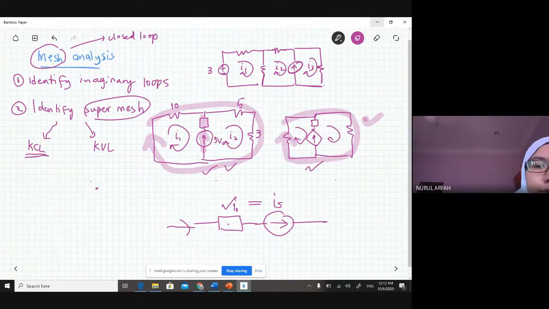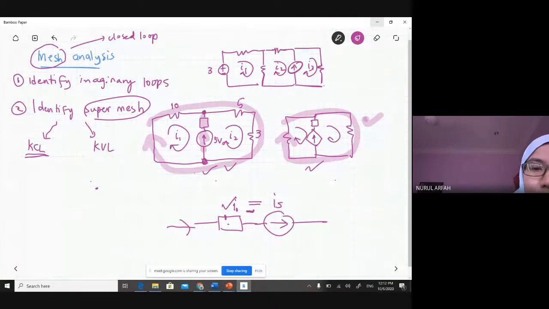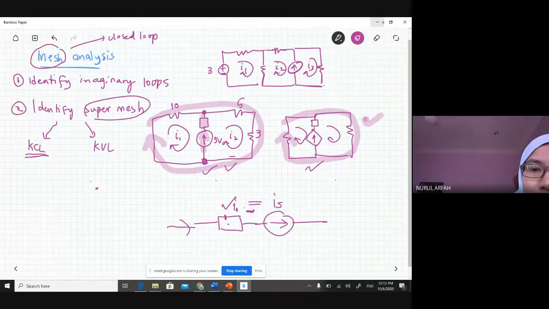You can do the KCL at this point or this point. Doesn't matter. Let's say the bottom point. We have imaginary current I2 flowing from here to here, right? And then we have the imaginary current I1 flowing from right to left.